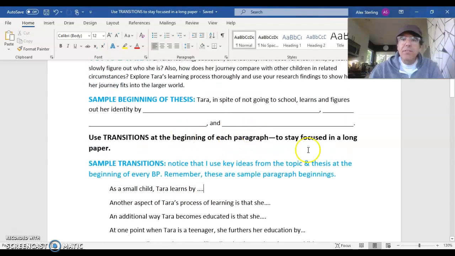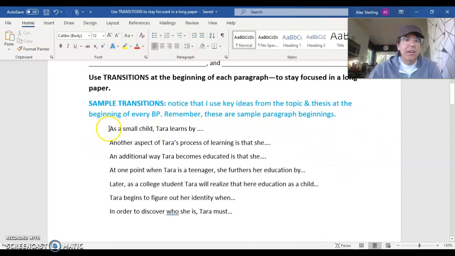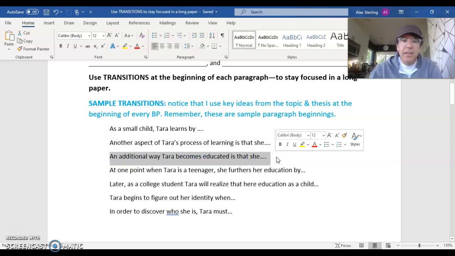So in the thesis, it says that Tara learns. So beginning of a paragraph, as a small child, Tara learns by. Another aspect of Tara's process of learning is that she. An additional way Tara becomes educated is that she.